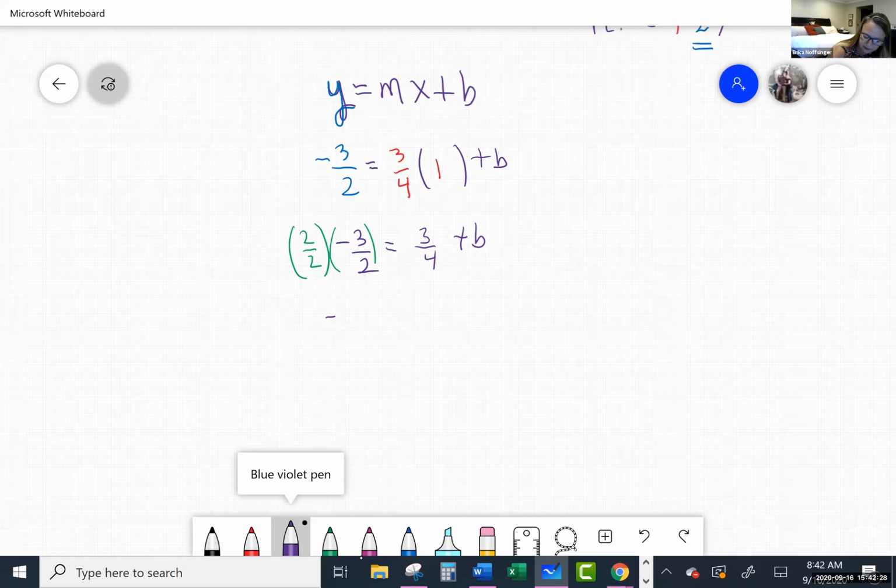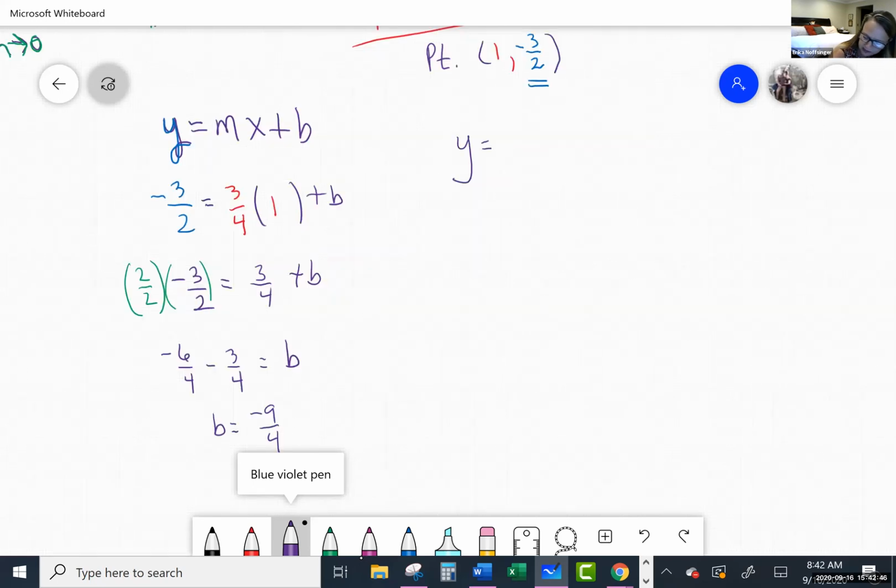Where b is equal to negative 9/4. So now we know b and we know our slope, so we know the equation of the tangent line. So y is equal to our slope, which we said was 3/4 times x plus b, and b was negative 9/4, so minus 9/4.